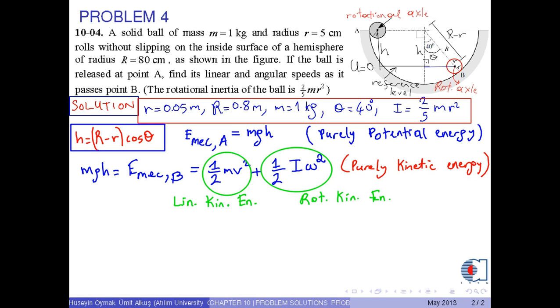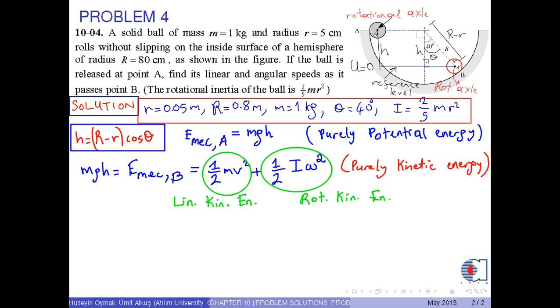Since v is the linear speed, the first part is the translational or linear kinetic energy, and since omega is the angular speed, the second part is the rotational kinetic energy.